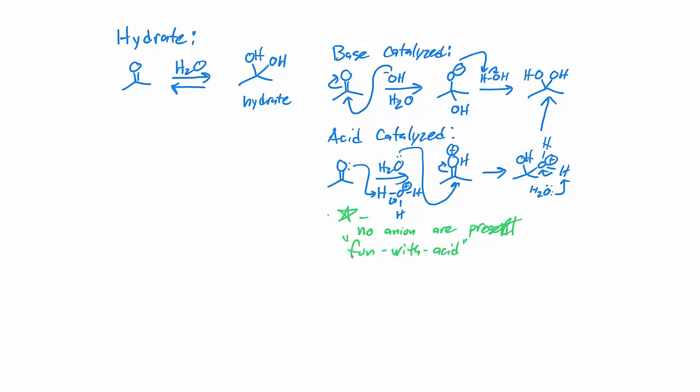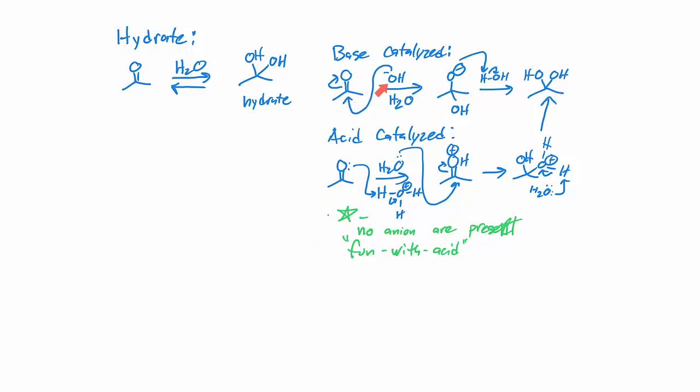The only negative charge that might be permissible is the chloride counterion to our acid that we made by mixing HCl with water. That would be a permissible anion. It should just sit around and do nothing, so there's really no reason to draw it. But there are no anions present in this acid catalyzed mechanism. And conversely, there are no cations present in this base catalyzed mechanism.